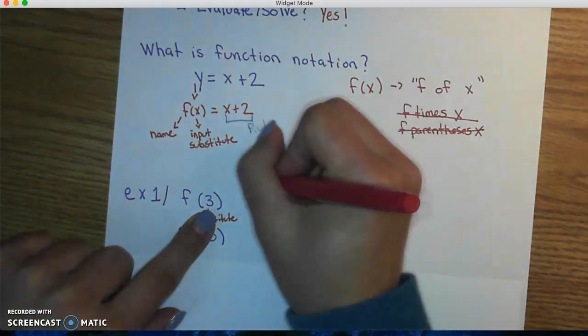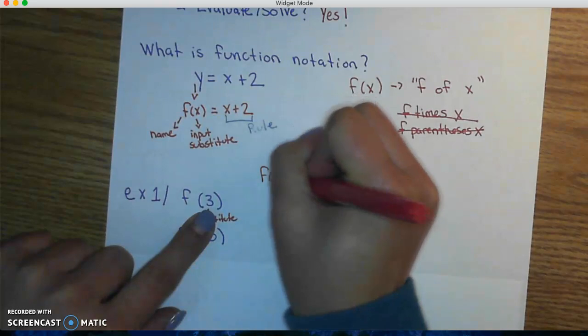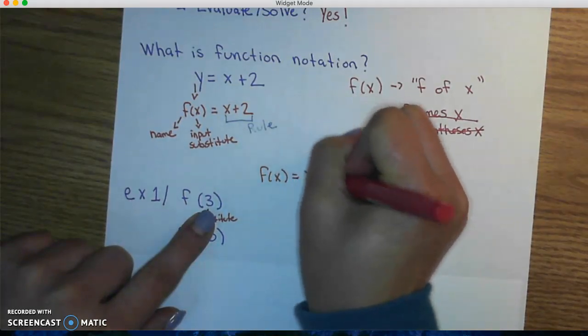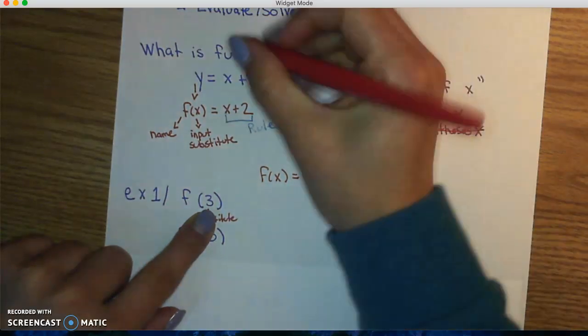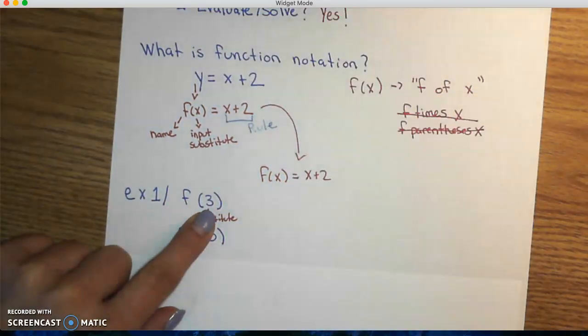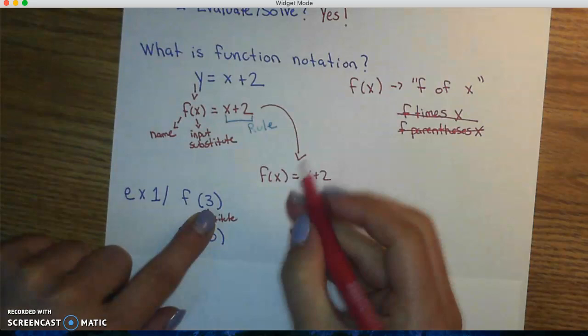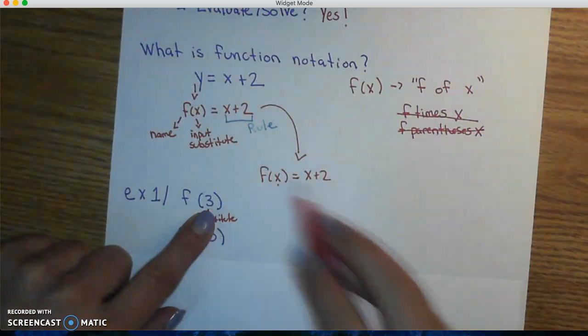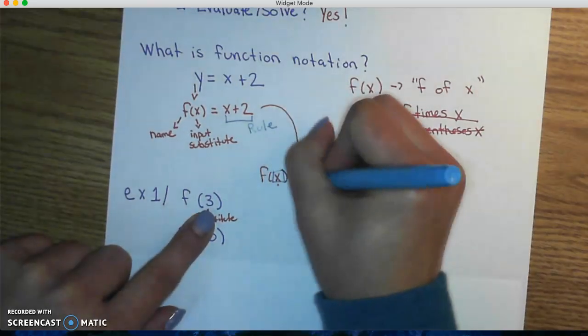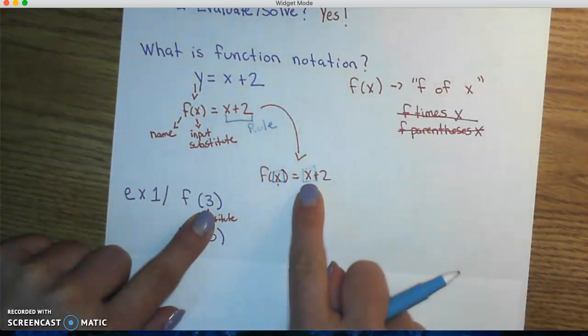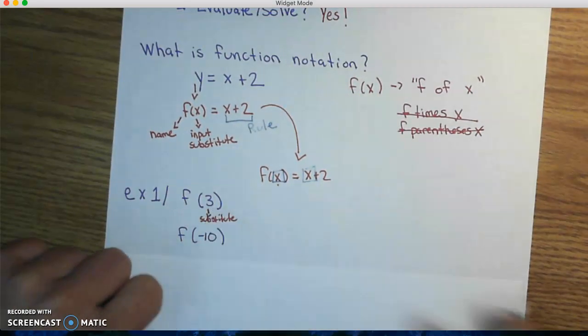So I have f of x equals x plus 2. I'm just copying it from right here. My input is 3. So that means every time I see an x, I need to substitute it with 3.